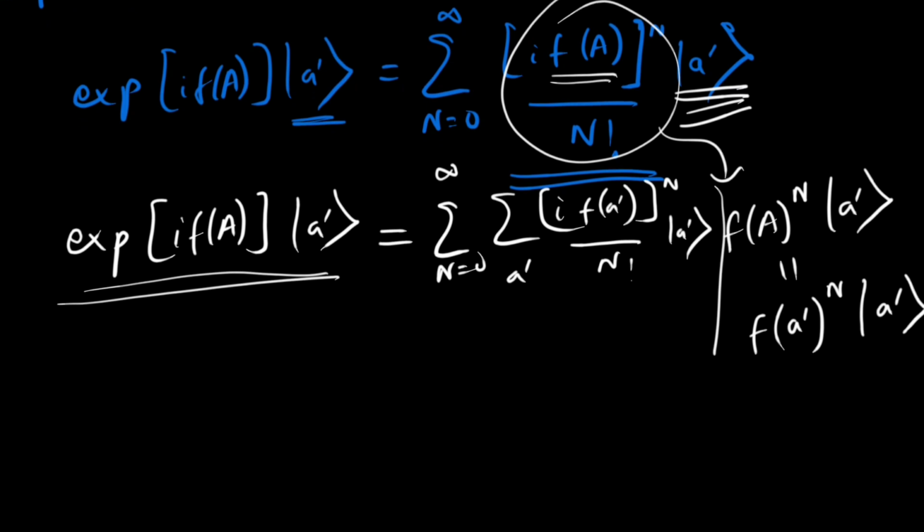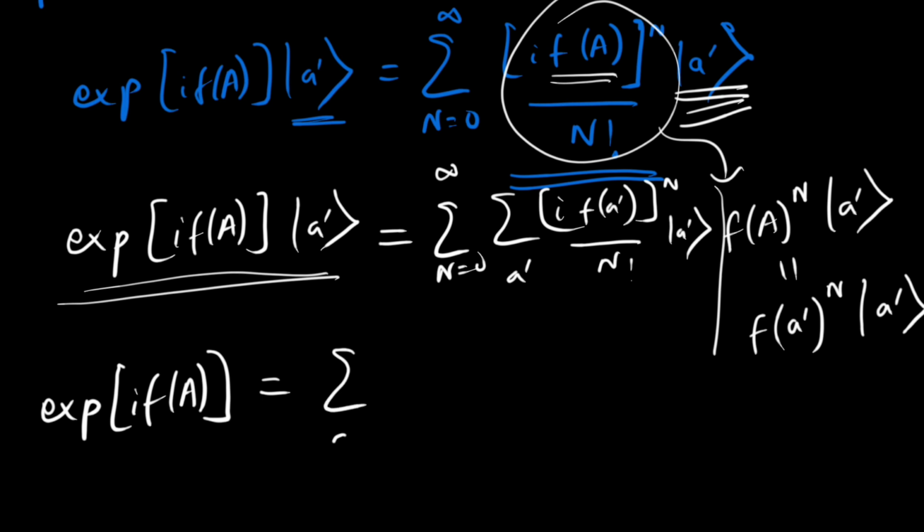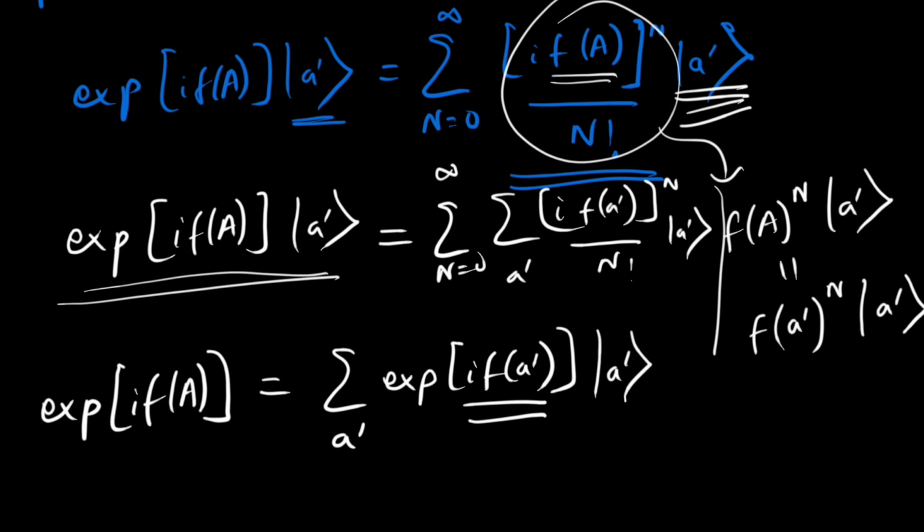So how would this operator look then? The exponential of i f of A would look like a prime exponential of i f of a prime, since this is the eigenvalue and this is just a number, not an operator, a prime ket and a prime bra.